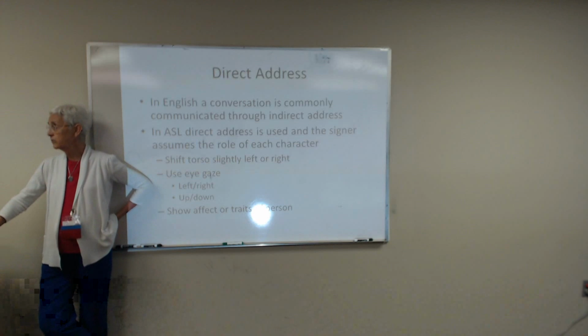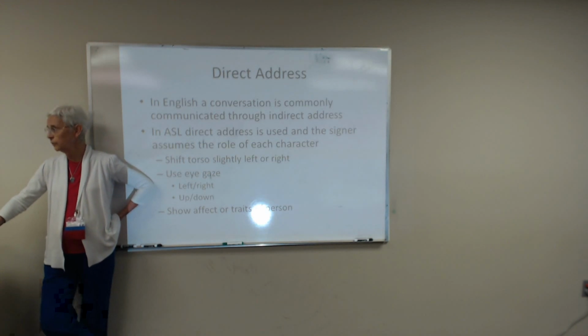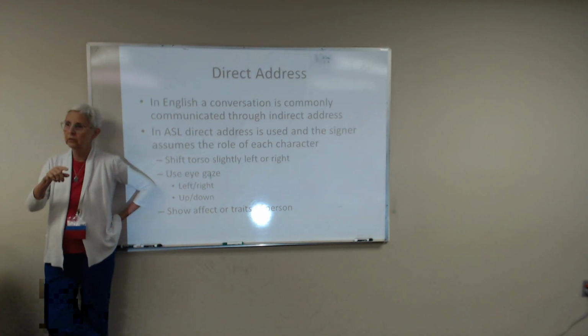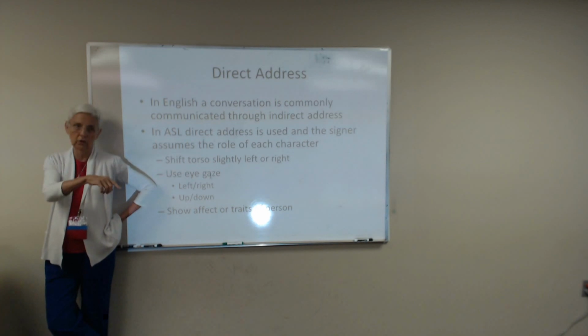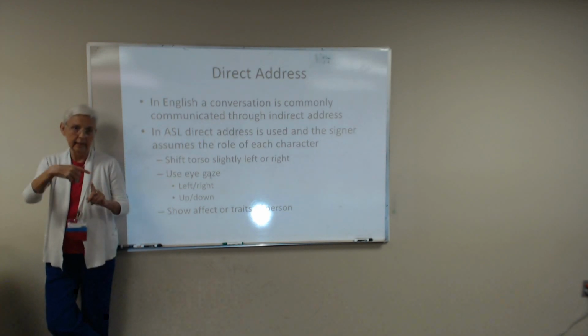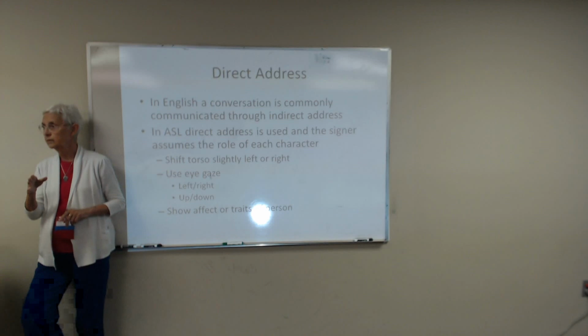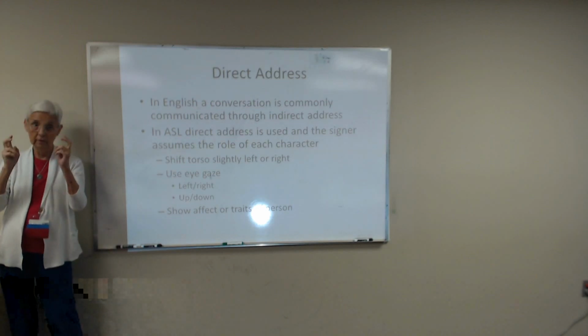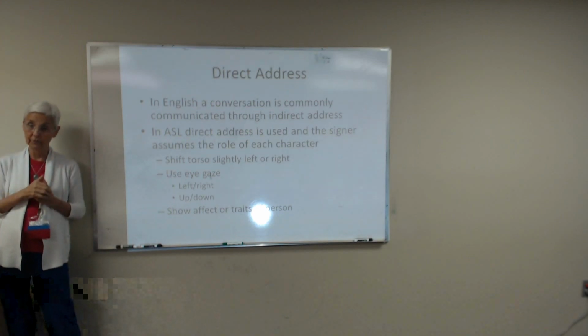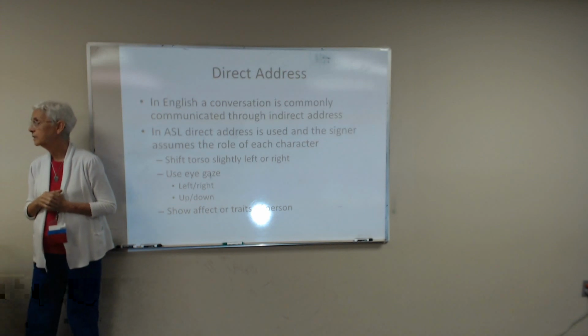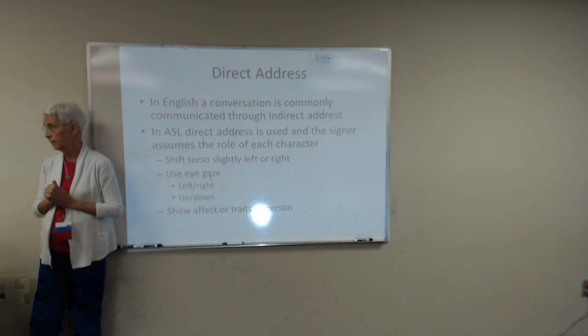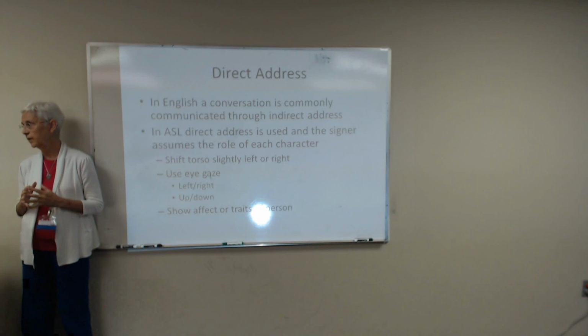In English, a conversation is commonly communicated through indirect address. The mother told Jane that she wanted her to. So that's indirect. Direct is, Mom said, quote, I want you to pick up the toys. So ASL uses direct address and assumes the role of the character.